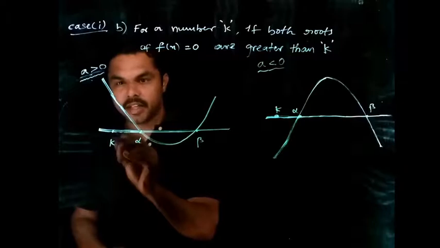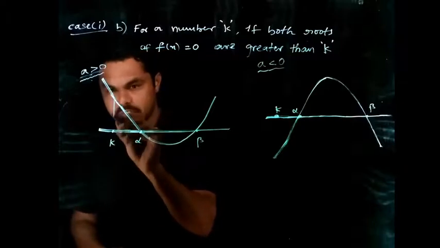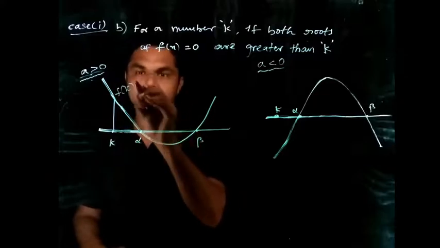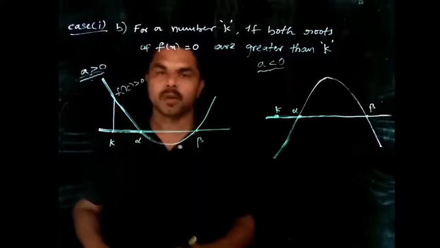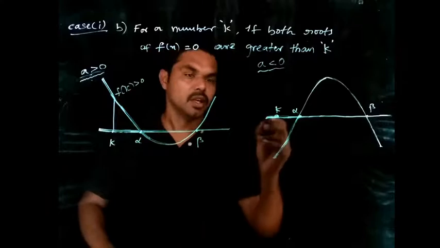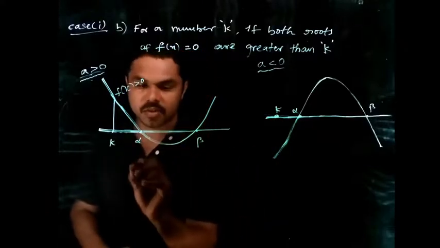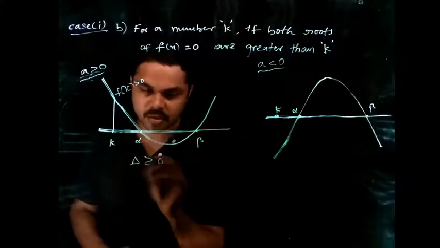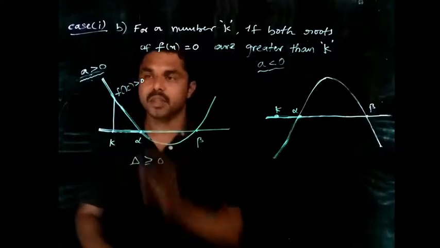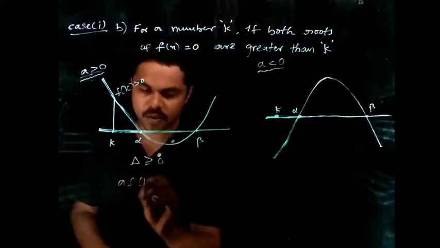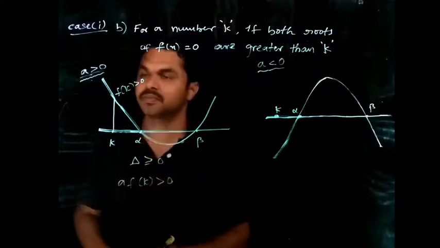When you take k here, you will get f(k) here. This is above the x-axis, so we get positive values. Now here we have two different roots, so delta is greater than or equal to 0 in this case also. a is positive and f(k) is positive, so a times f(k) is also positive.